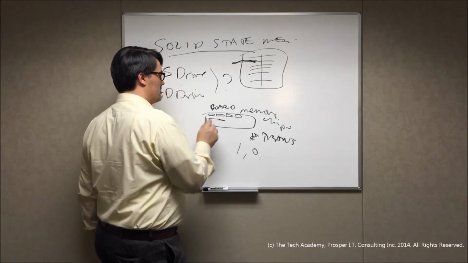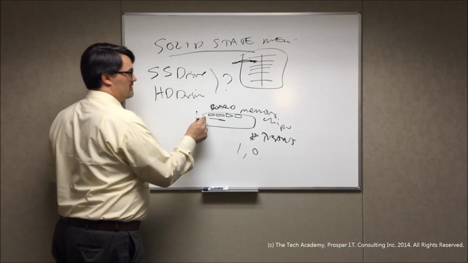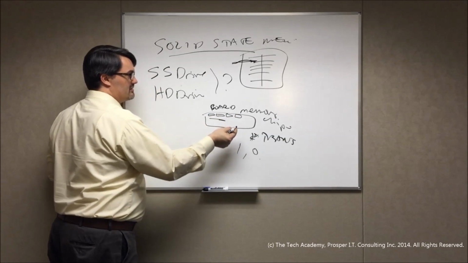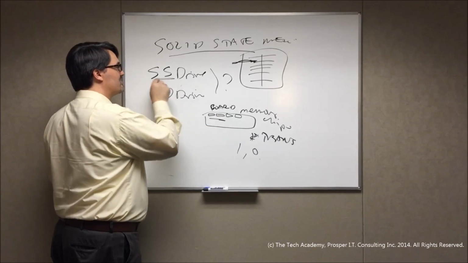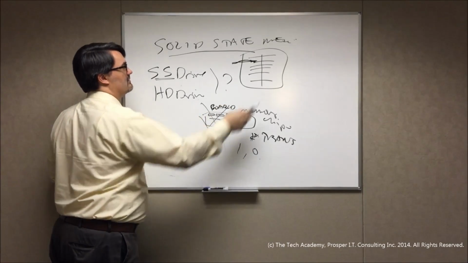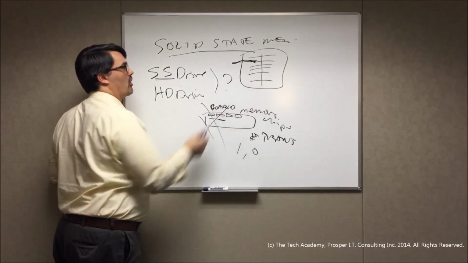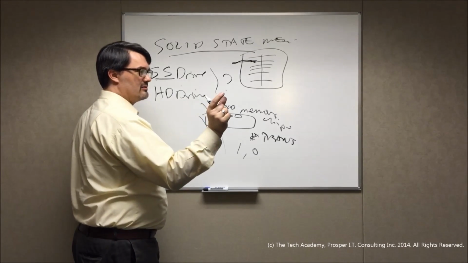And that's what's on there. And that's all that's inside the little thumb drives that you have, is many of these chips. They can store many, many ones and zeros. They're called solid state because nothing's moving inside there. Here, there's something moving. The disks and the arm move. So, that's a thumb drive.